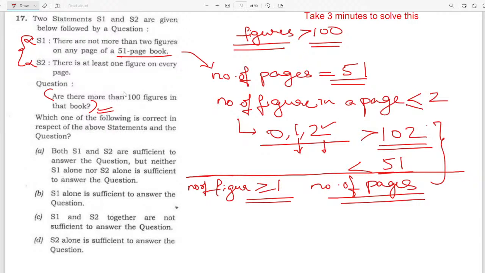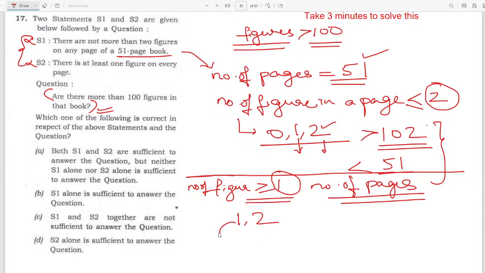Now, when we combine the information given by statement 1 and statement 2, statement 1 says the number of pages is 51, and the maximum number of figures in 1 page is 2, and statement 2 gives the minimum of 1. So the number of figures in a page can be 1 or 2.